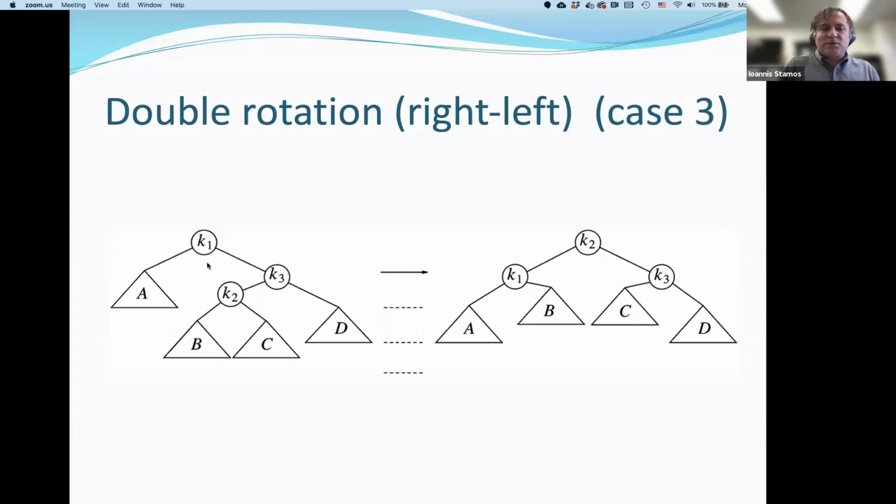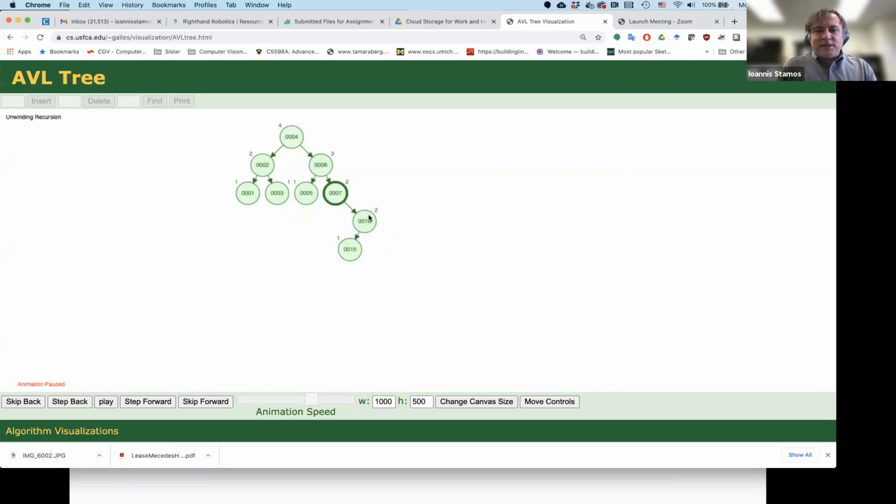K1 is the smallest, K2 is the middle, K3 is the largest. So that's the way they have this notation, 1, 2, 3. Essentially these are the 3 nodes. You see K1, K3, K2, exactly what you see here, right?